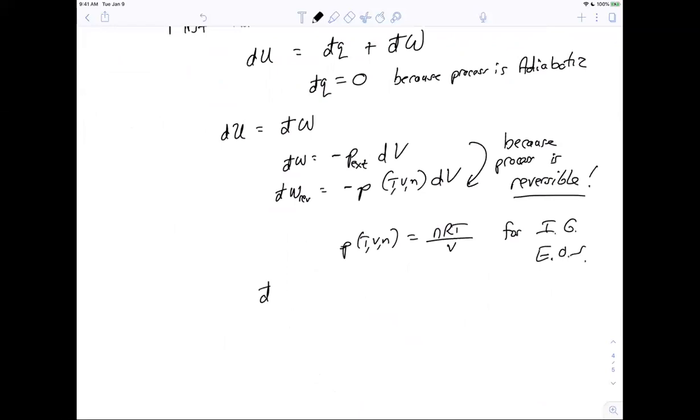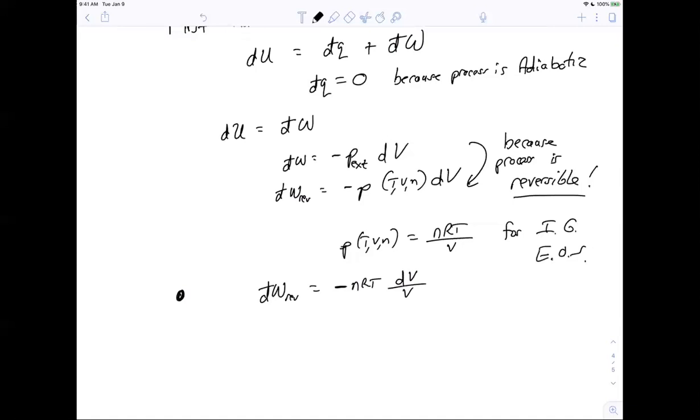So dw reversible is equal to minus nRT dV over V. That's an intermediate thing that we keep in mind. Any questions? Okay, so we keep that in.